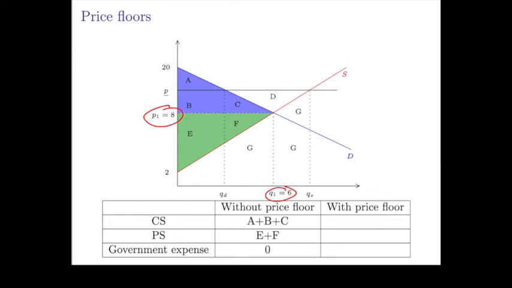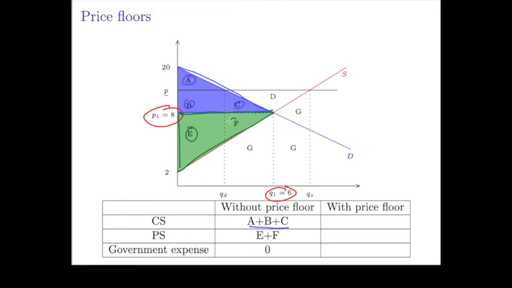So the consumer surplus is the area above the price, below the demand curve. So it's this stuff here, and that's comprised of this area A, B, and C. The producer surplus is this lower triangle here, area above the supply curve, below the price of 8.